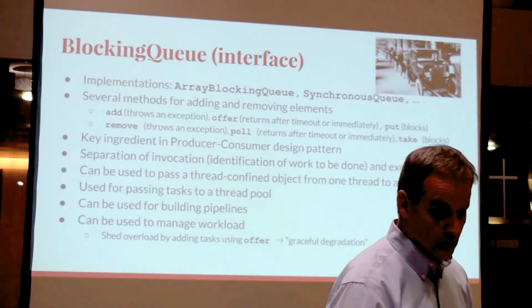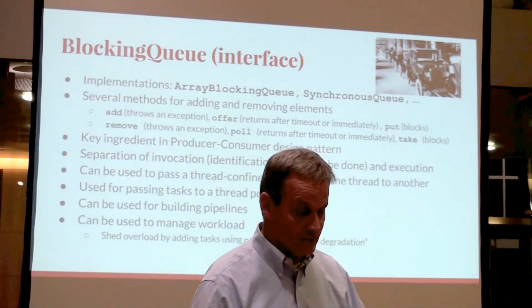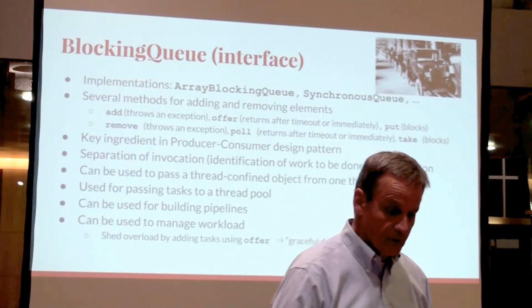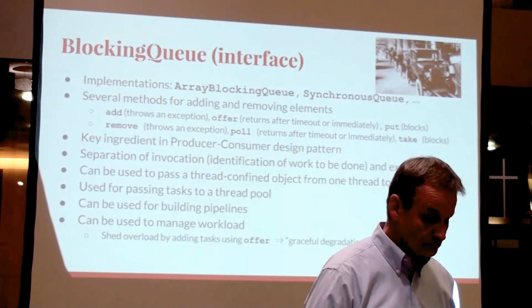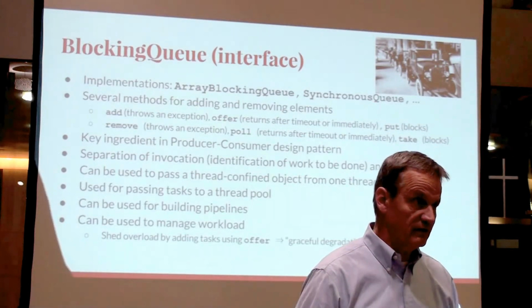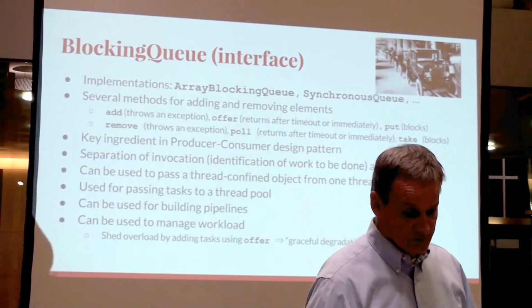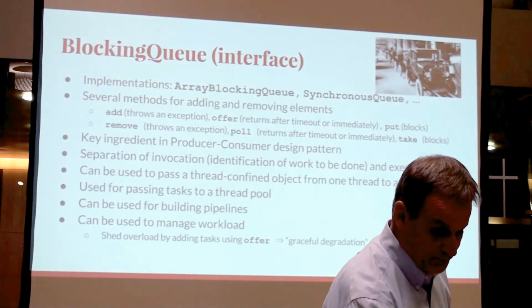And then for remove, it's the same thing. Remove throws an exception if the buffer is empty or the queue is empty. Poll returns null if it's not able to remove anything. Null. I'm sure that if this was implemented after Java 8, it wouldn't return null, it would return an Optional. But this happened before then, and then take locks just like before.